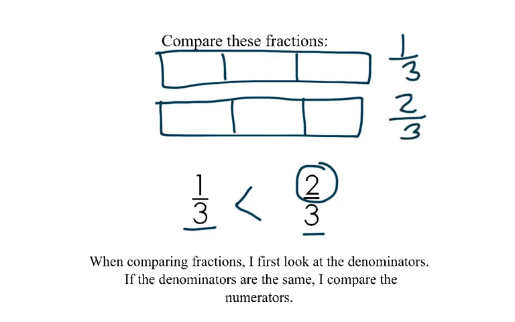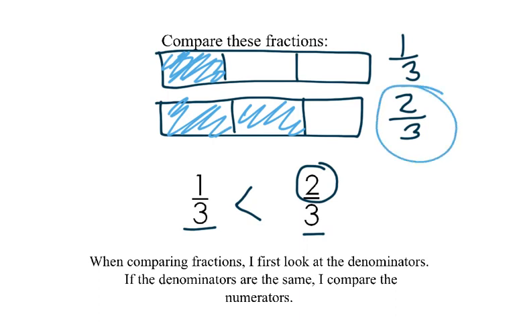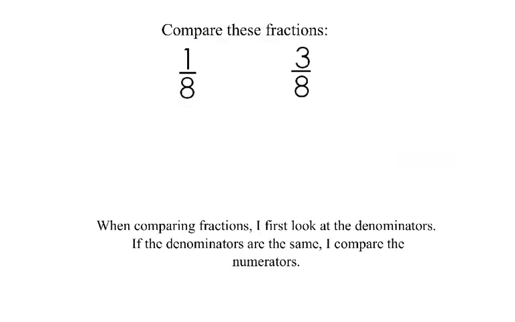When I look at this, I'm going to shade in 1/3, and then I'm going to shade in 2/3. When I look at this to see if I'm right, 2/3 is bigger, so 1/3 is less than 2/3. Make sure you use that terminology each time, okay?